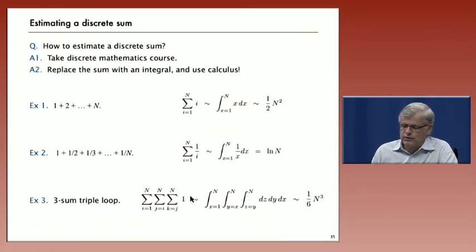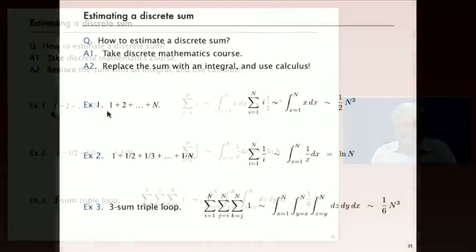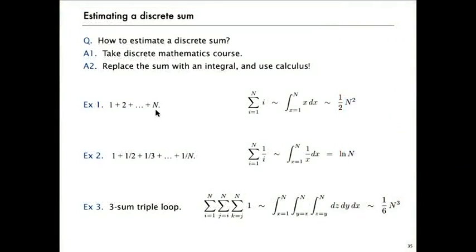Now, we're not going to do full discrete mathematics in this course, but there are some basic things that we'll want to use and are not that difficult to understand. A lot of times we need to come up with an estimate of a discrete sum, like we did for 1 plus 2 up to n, or the sum of the squares, or the three-sum triple loop. If you've had basic calculus, one way to think of it is to just replace the sum with an integral.